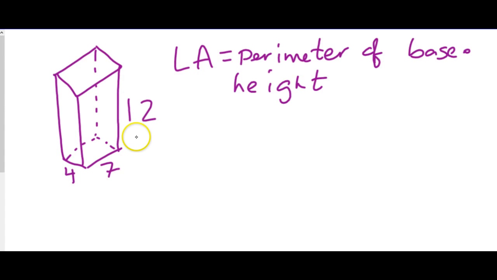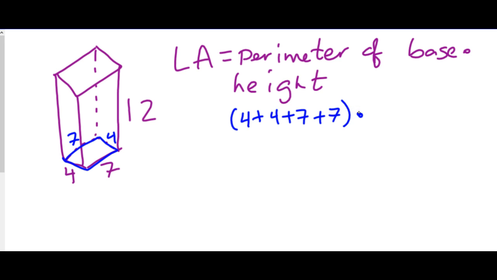So we need the perimeter of one of the bases. Now, one of our bases is this rectangle at the bottom. If we're going to find the perimeter of that, we need all four sides, and we know the sides across from each other on a rectangle are the same. So the perimeter of the base would be the 4 plus 4 plus 7 plus 7.